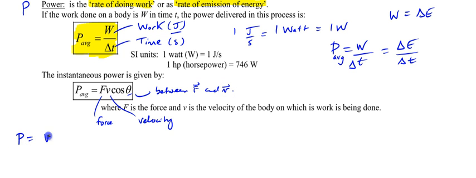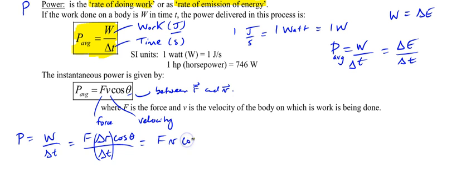Power is work over time, and if you recall, the definition for work is force times displacement times the cosine of the angle between the force and the displacement vector, and all of that is divided by time. If you look at the displacement divided by time, it's really just velocity. Remember, velocity is the displacement divided by time. So this can be rewritten as the force times the velocity times the cosine of the angle between these two vectors.